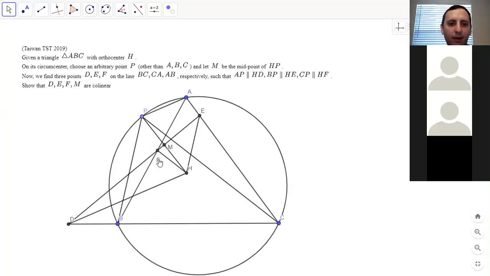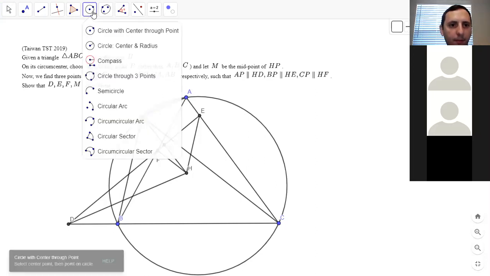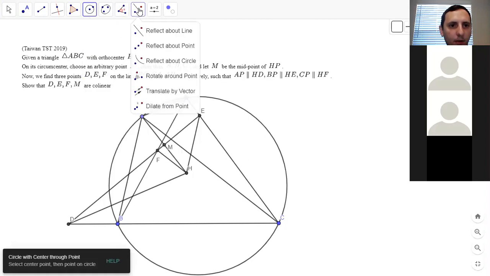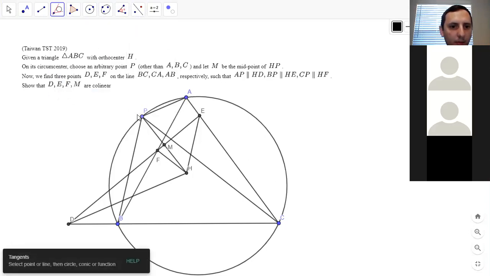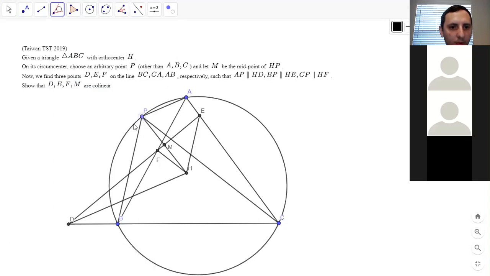So M lies on the 9-point circle. Maybe I should draw that 9-point circle. Can you draw the line SP tangent to circle of ABC? The tangent line. Yeah, maybe they are parallel. Are they parallel?